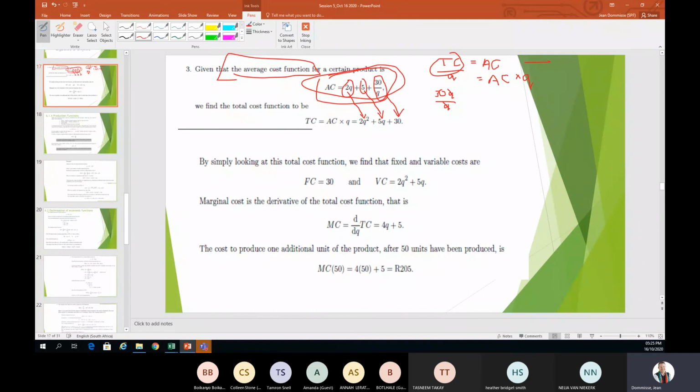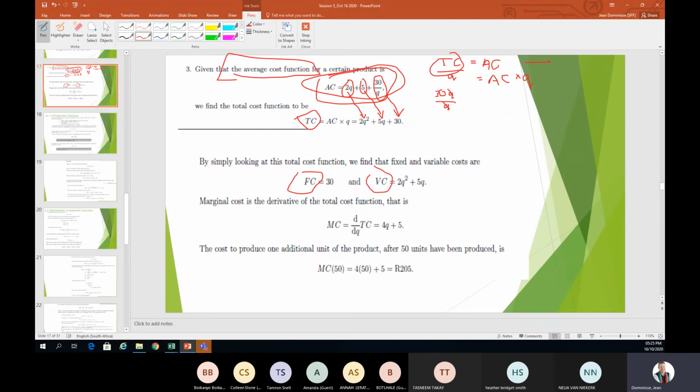Okay, so if I give you the average cost, you will basically just need to multiply by the quantity to get your total cost. Okay, so I think the last one to end the day is here, they give you a fixed cost, they give you a variable cost.